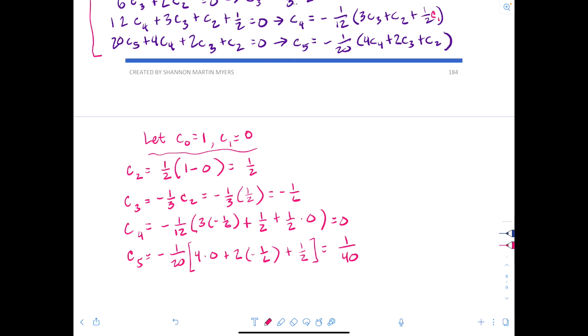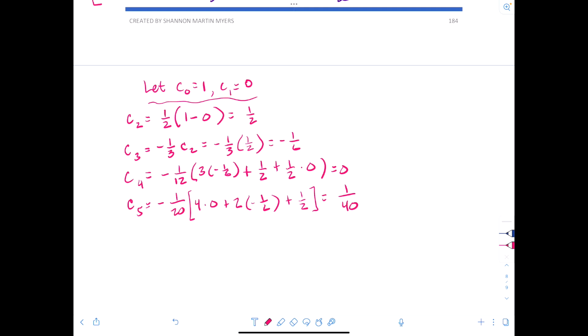All right, so our first solution will be y1 equals C0 is 1, so we'll have 1, C1 zeroed out, plus 1/2, this is C2, so it'll be times x squared. And then C3 is negative, so we'll have minus 1/6 x cubed.